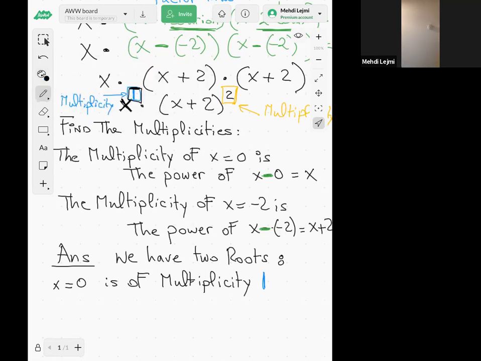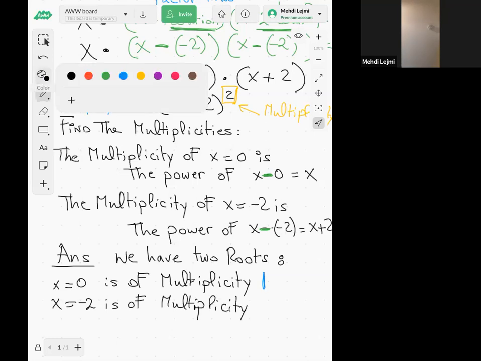Now, the second root is -2, and it's of multiplicity 2, because it's x plus 2 to the power 2. So it's of multiplicity 2.